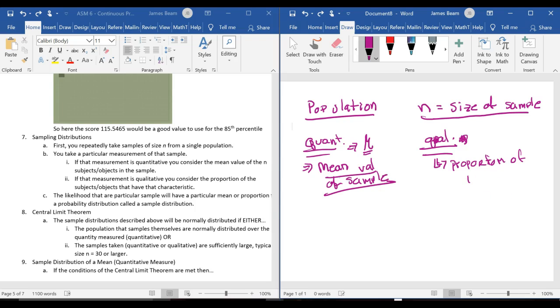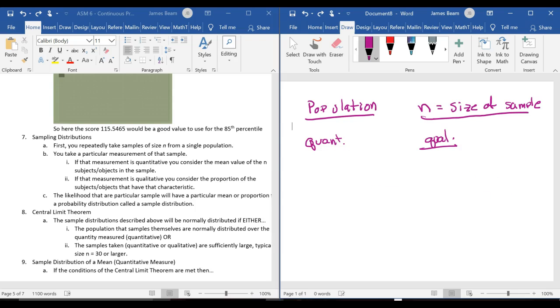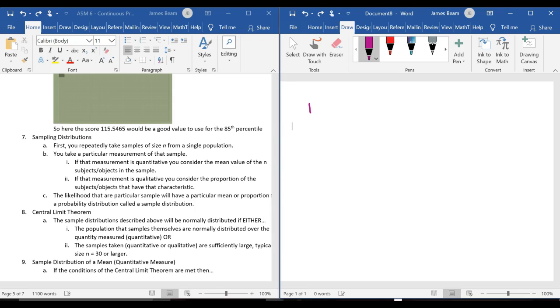What you've got to notice is that we are creating a situation that has central tendency out of something that may not have central tendency. There is no requirement that the population has to have central tendency.